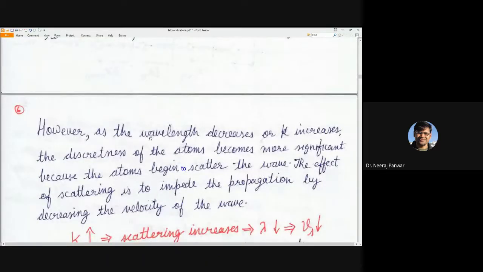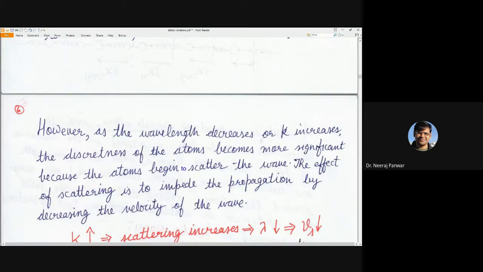So as the wavelength decreases, k increases. The discreteness of the atoms becomes more and more significant because the atoms begin to scatter the wave. The effect of scattering is to impede the propagation of the wave by decreasing the velocity of the wave.